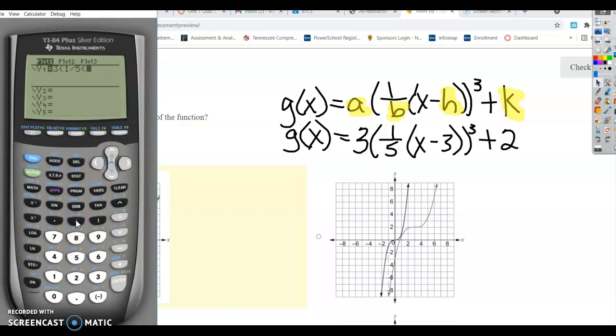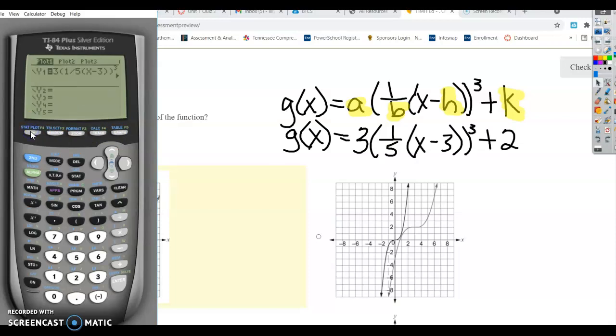All right, 3 times 1/5 times my x is up here, minus 3 parentheses, raise it to the 3rd power. Got an arrow over to bring it back down, and then do plus 2. All right, so if I graph this, it should look like the transformation.